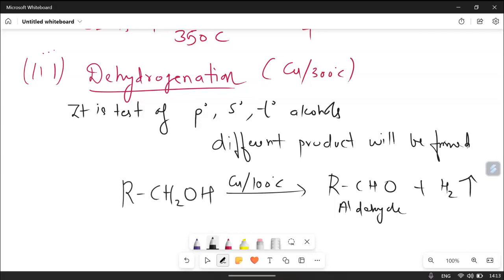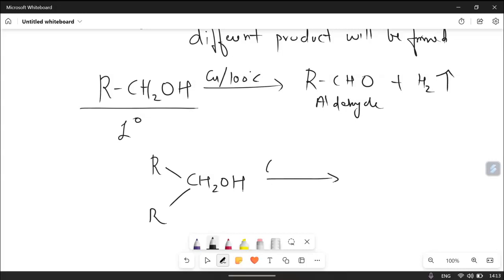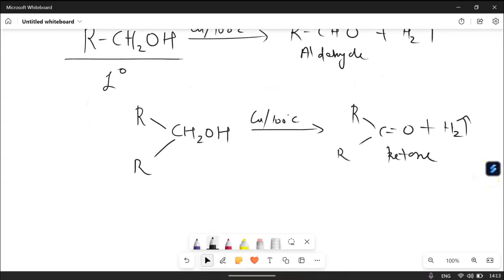In case of secondary alcohol, it is treated with copper at 100 degrees Celsius, it will form ketone and H2 gas will be removed. So there will be a formation of ketone here from alcohol to ketone.